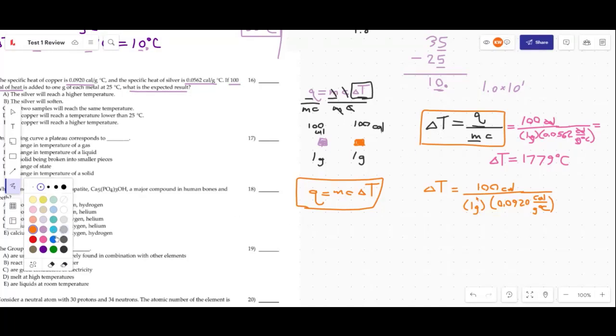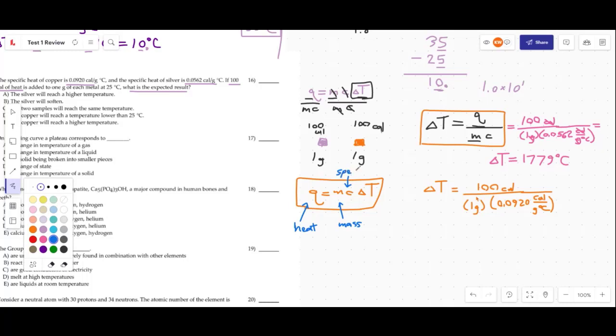Then it's just a matter of recognizing what each of these variables means. Q is the heat energy, given in calories or joules. M is the mass. And specific heat is C; the book might use SH.